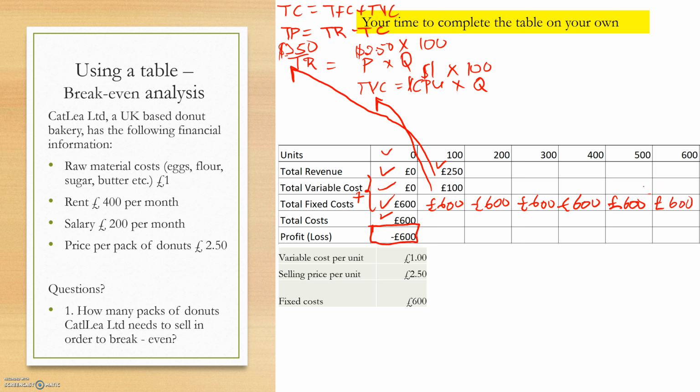So now our next task is to calculate quickly our total cost, and that's pretty easy. Total cost, as you know, is actually total fixed costs plus total variable costs. In this case, our total fixed cost, yes, we know it's 600 pounds.